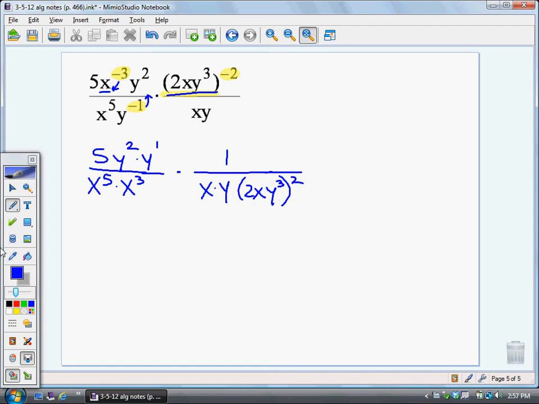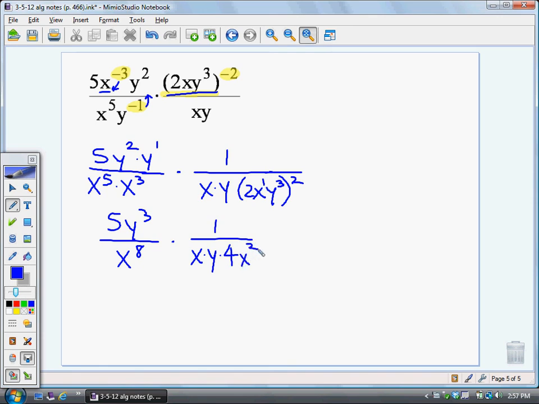And now it's just a matter of me simplifying, then multiplying across. This would be 5y to the 3rd. This would be x to the 8th. Over here is going to be 1 over. And I'm going to have x times y. Then I have 2xy to the 3rds. So 2 squared is 4. X to the 1st squared would be x squared.